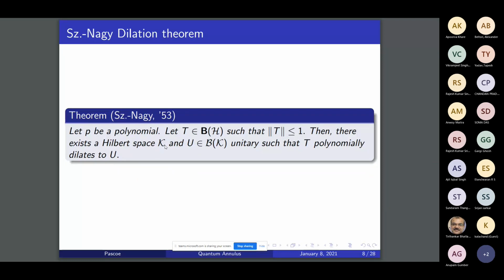Then there exists a Hilbert space K and an operator U on that Hilbert space which is unitary, such that T polynomially dilates to U. So basically, any contractive operator polynomially dilates to a unitary operator. So this says that contractions dilate to unitaries, which is nice.